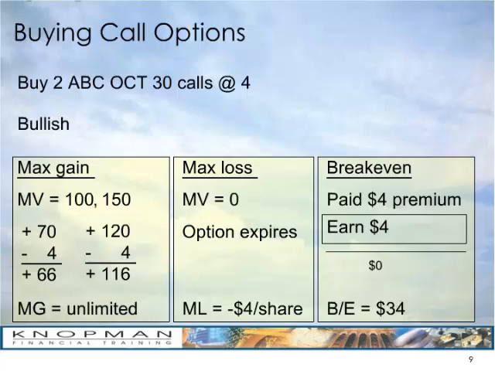So again, for every option approach on the exam, you want to set it up just like this, nice and organized: max gain, max loss, break even, depending on which one they ask you. And you'll see, both in this lecture and later installments, I'm going to use this approach even for complex strategies like covered calls and spreads. And if you know the approach, you should be able to answer the question correctly.